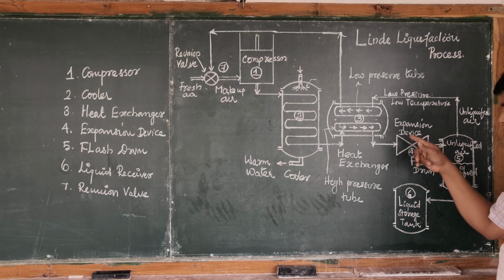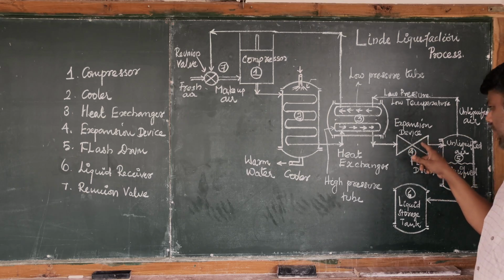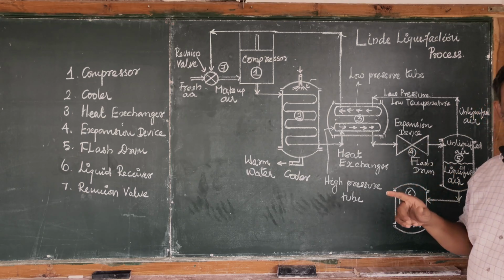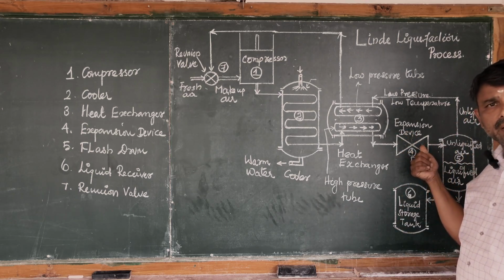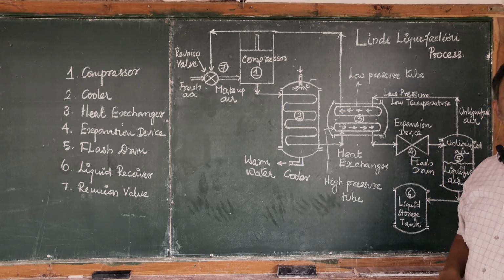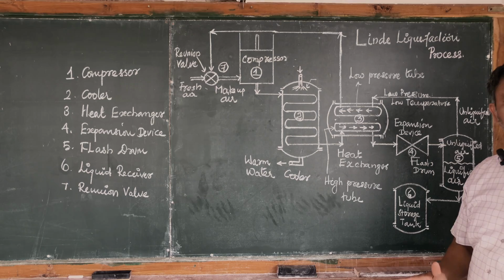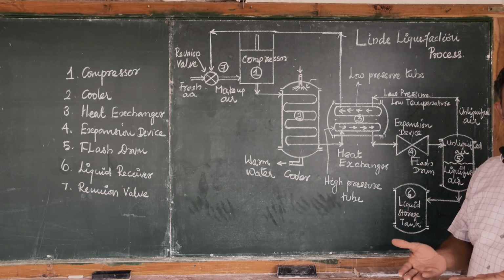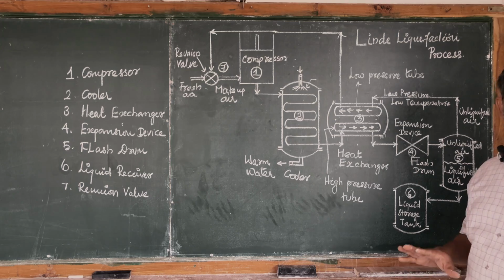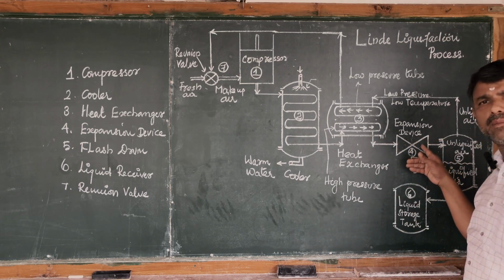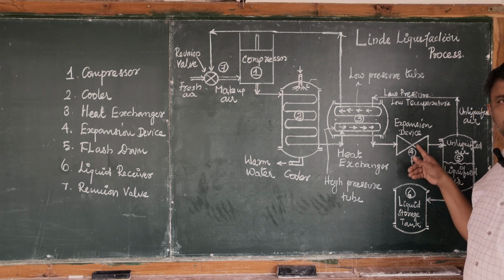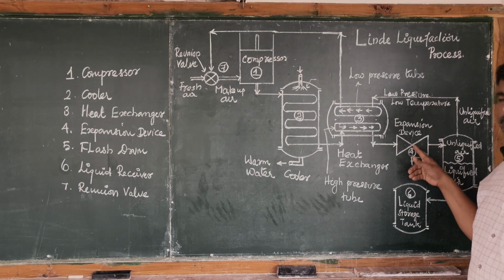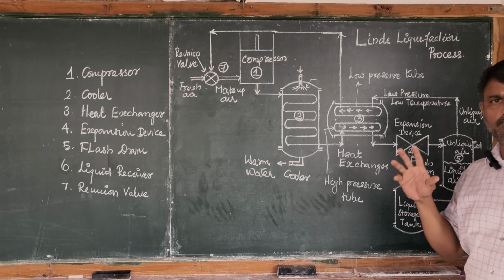Listen, in the throttle area or expansion device, the expansion happens within a very short span of time. Due to sudden expansion, there is no suitable mechanism to convert heat energy into work, so there is no work done by the system, and the expansion is assumed to be adiabatic.